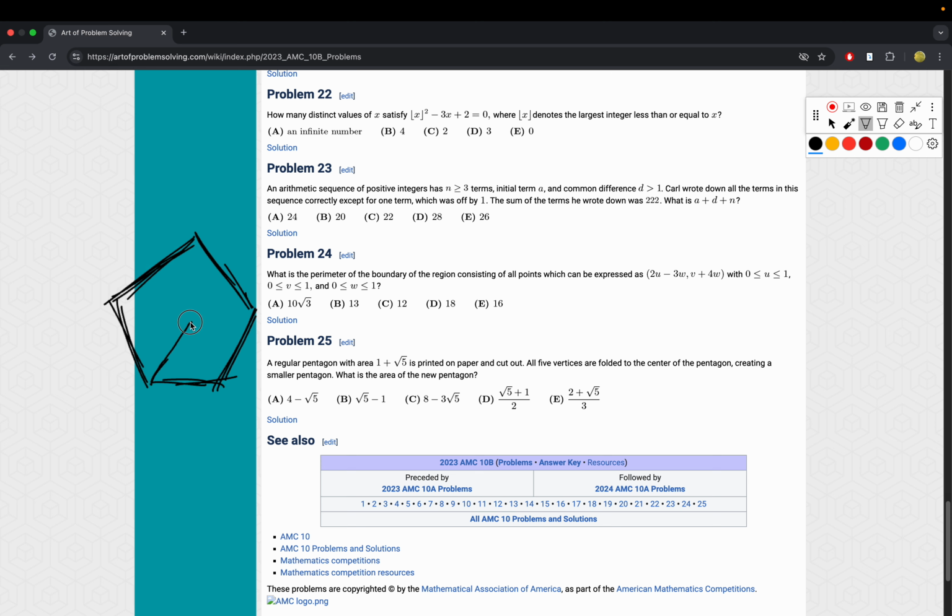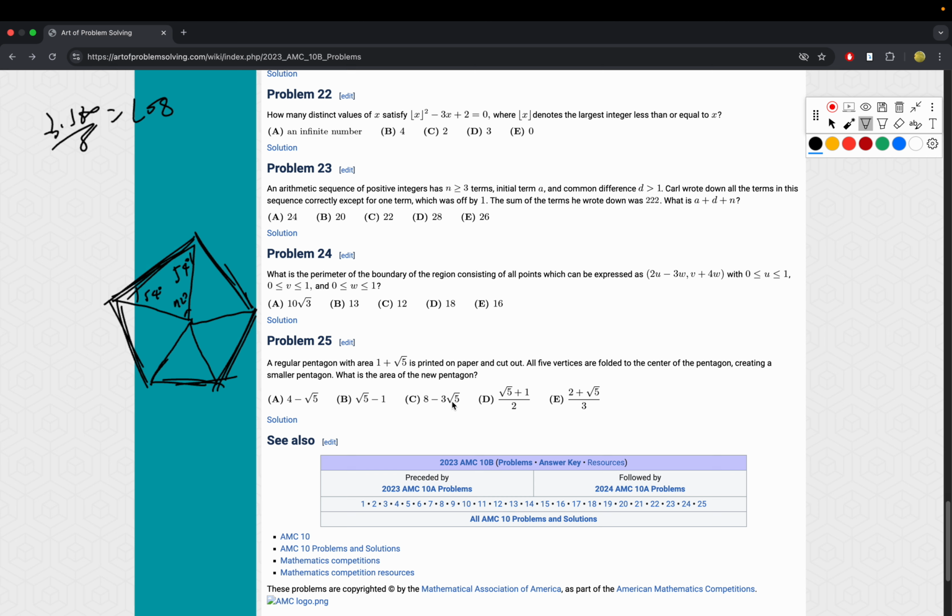And if it is the center, 108, 54. Oh, what am I saying? 54 degrees. What is 360 divided by 5? 72.